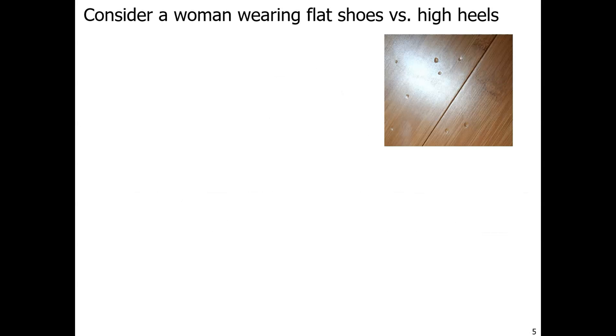So here's an example of a wooden floor, maybe if you're stepping on it with pointy heels. We're going to look at flat shoes versus high heel shoes and the difference in force that those shoes are going to put on the ground.